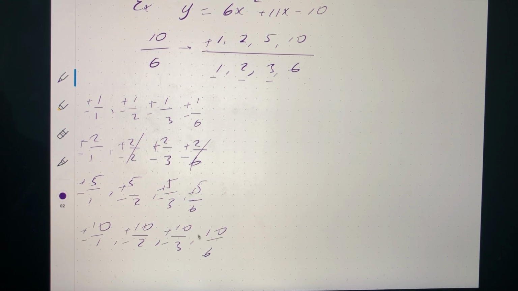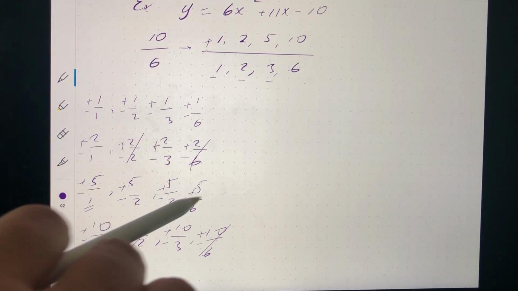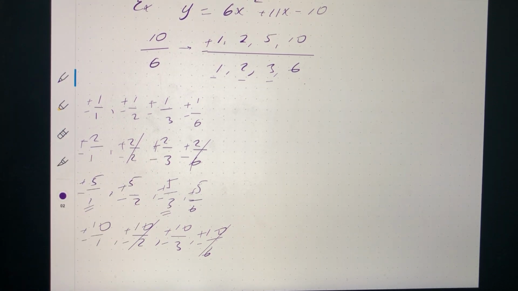And eliminate all the multiples. 10 over 2 is the same as 5, and we have 5 here. 10 over 6 is the same as 5/3, and 5/3 is here. So how many numbers do we have? 1, 2, 3, 4, 5, 6, 7, 8, 9, 10, 11, 12 numbers, plus or minus each, which is 24 choices.